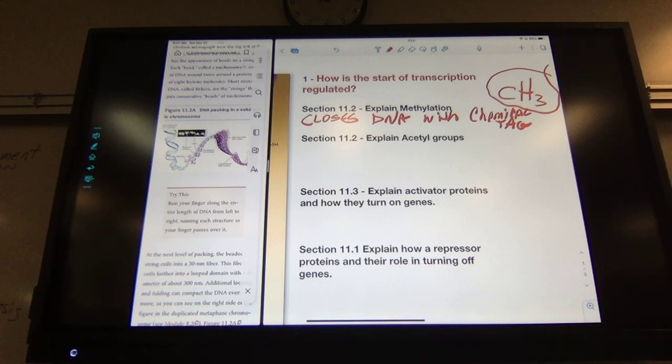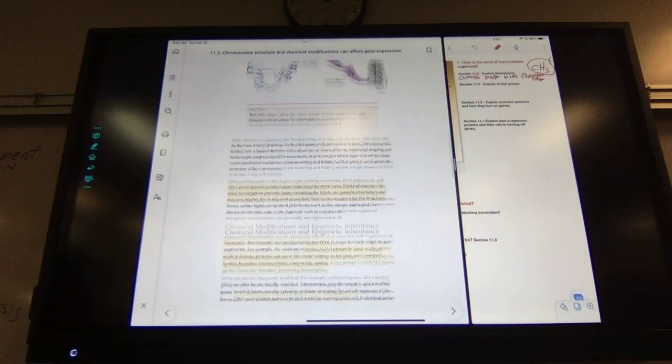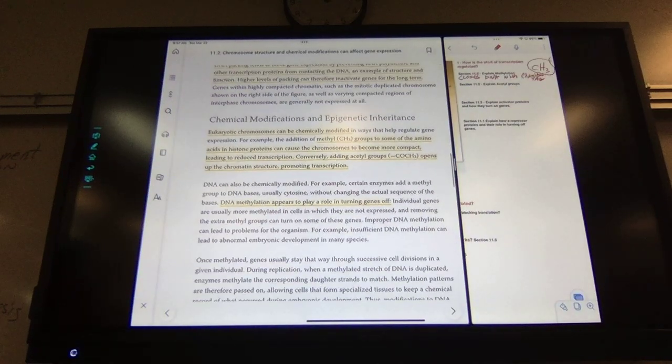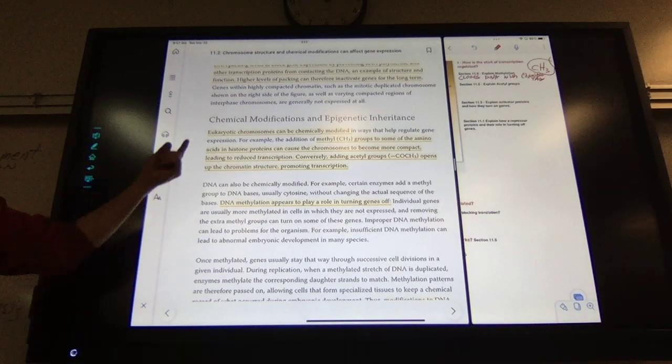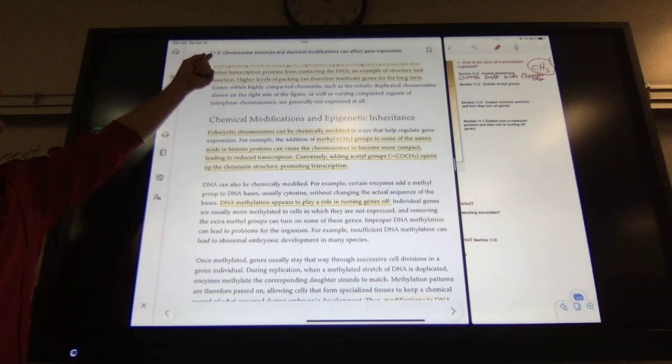Right next to that section in the textbook, it explained acetyl groups. Did anybody find it? Yeah? Isn't it kind of the opposite of methylation? So it opens the chromatin structure. Great. Yep. And it's in that same paragraph still, section 2 in chapter 11.